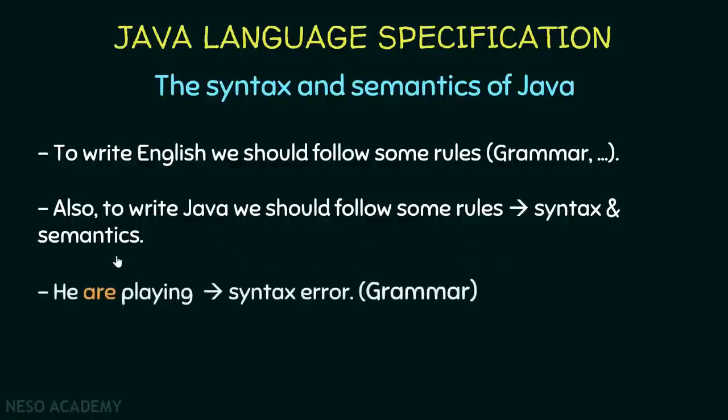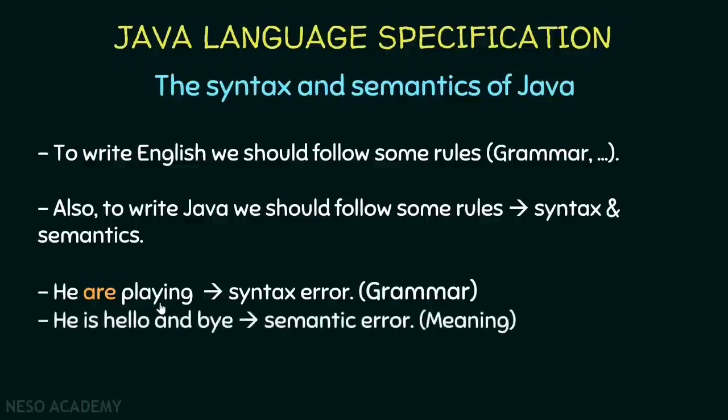For example, if we say he are playing, this is an English sentence and we have a grammar mistake. Because are is wrong. We should say he is playing. So whenever we have something incorrect with our grammar in Java, this will be a syntax error, alright? And of course, this is not Java, this is just English. I'm giving you an example. Another example, let's say he is hello and bye.